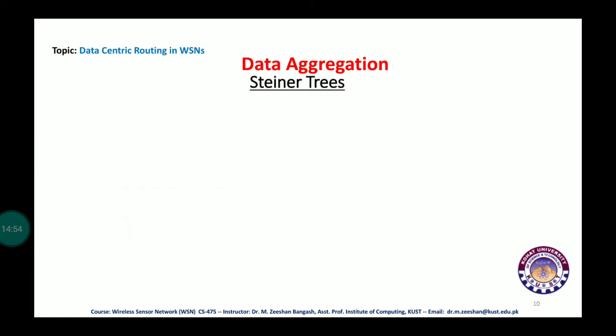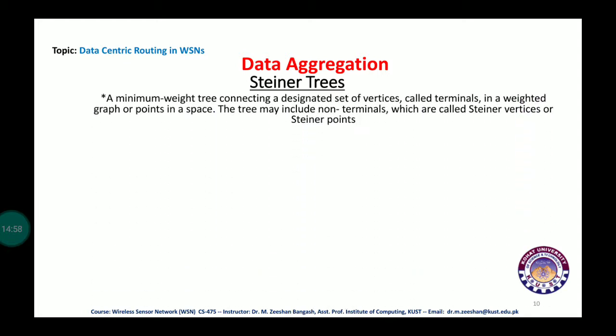Just look at the data aggregation Steiner tree. In this Steiner tree, there is a weighted graph and a minimum weight tree connecting a designated set of vertices, which we call terminals, in a weighted graph or points in a space.